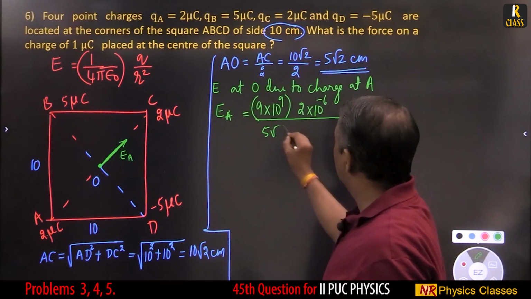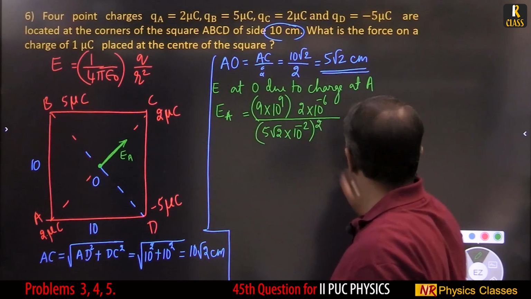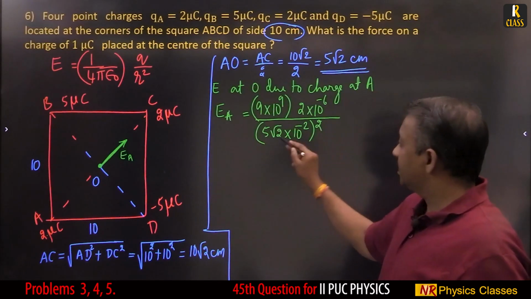Distance is 5 root 2 centimeter, square. Root 2 square is 2.